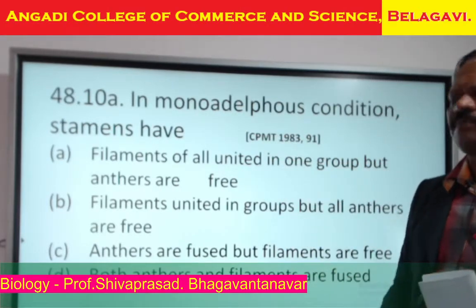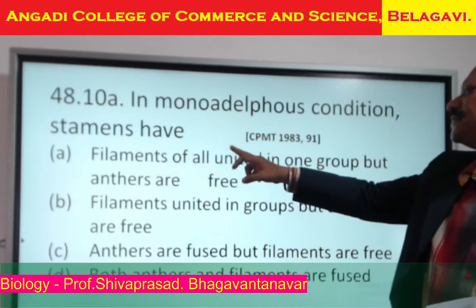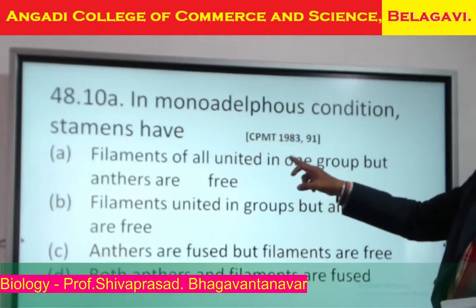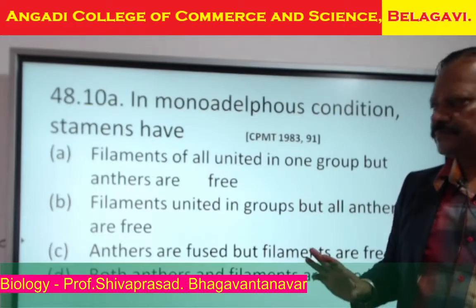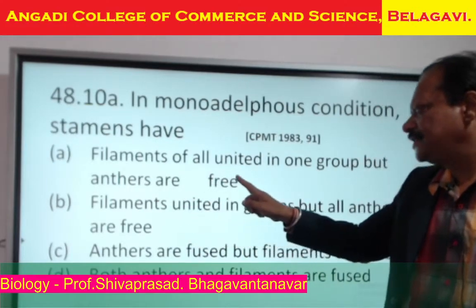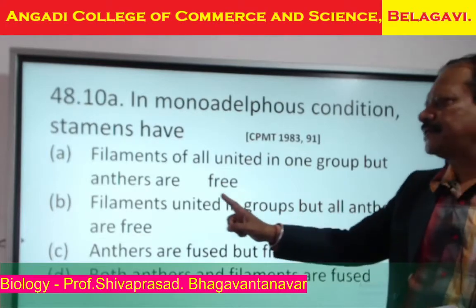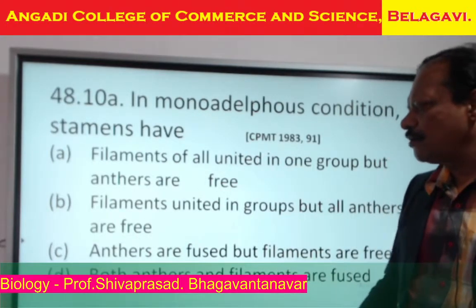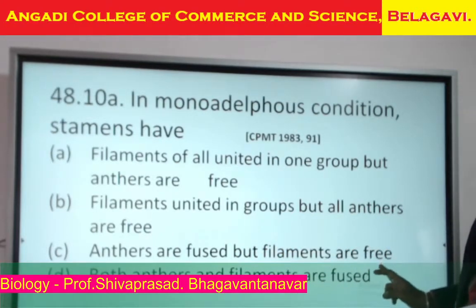So, we'll go through the options, then we'll come to know the right answer. Filaments are all united in one group, but anthers are free. The next one, filaments united in groups, but all anthers are free. Third one, anthers are fused, but filaments are free.